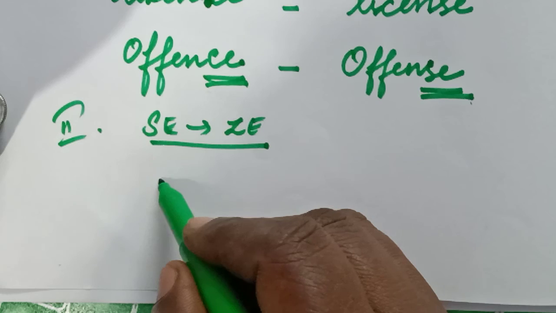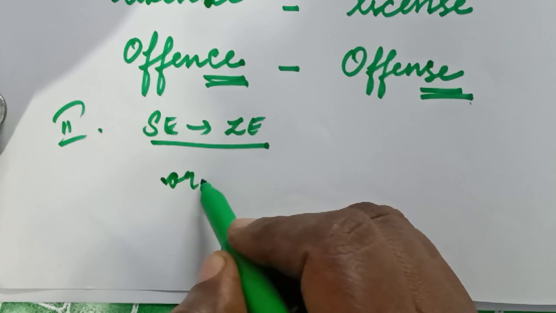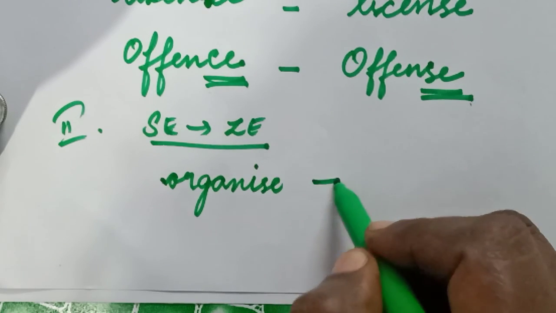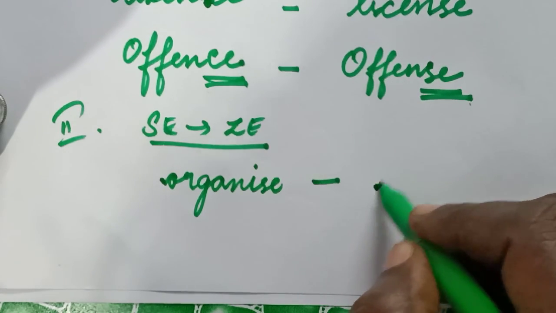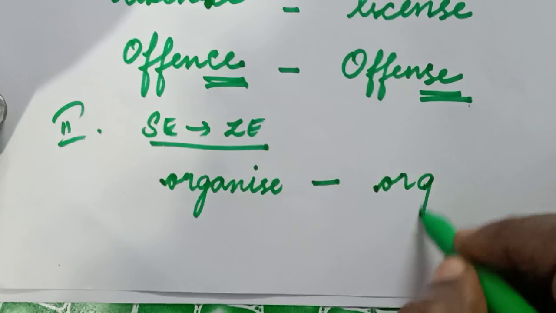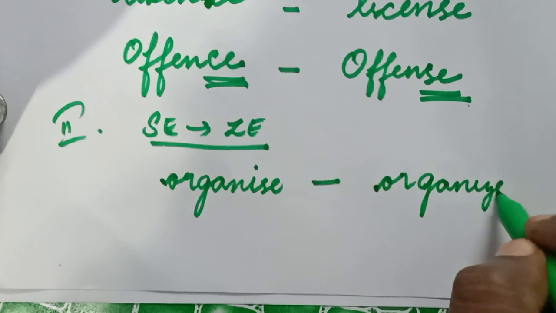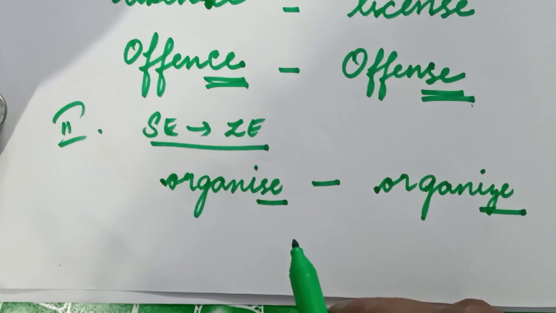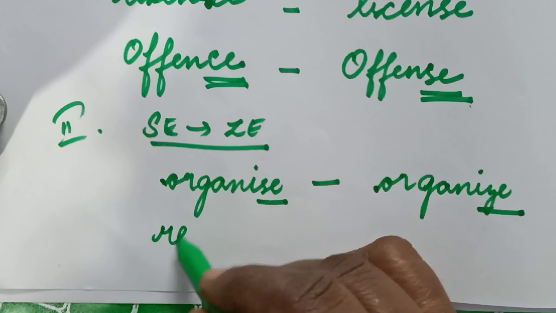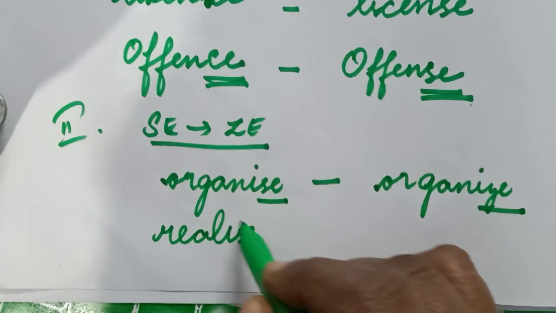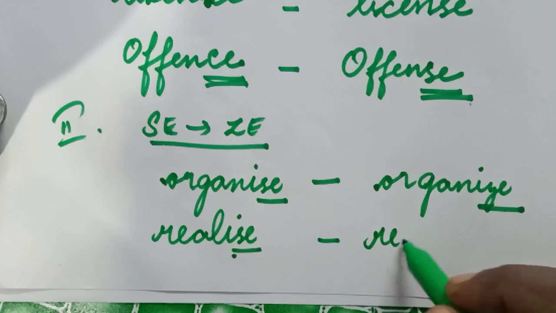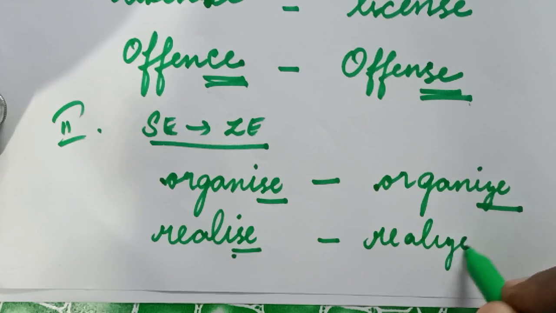The first word you can see is organise. Organise is in British English and the same is written in American English as organize. So here it is SE to ZE. The same thing, realise. SE in British English and the same is written with ZE in American English.